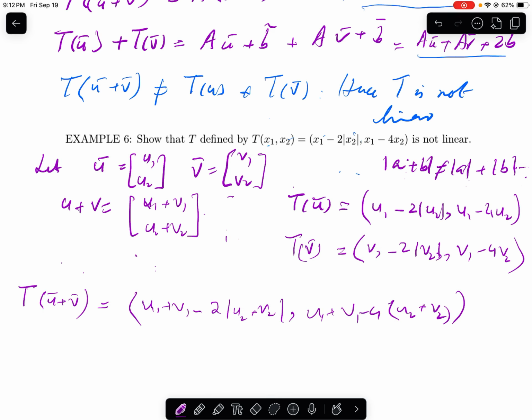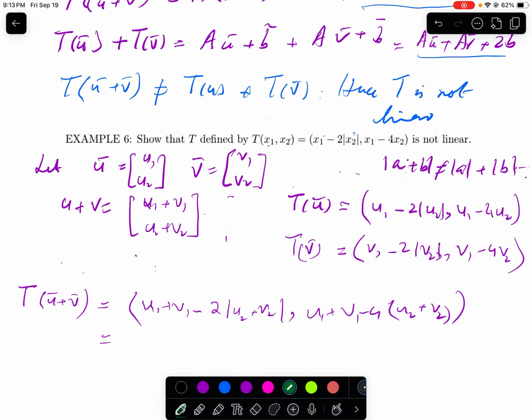Now I can distribute this 4 over there, but I cannot distribute the 2 in here. I mean, I can bring the 2 inside, but I cannot split it. And that's why it won't give us T of u plus T of v.